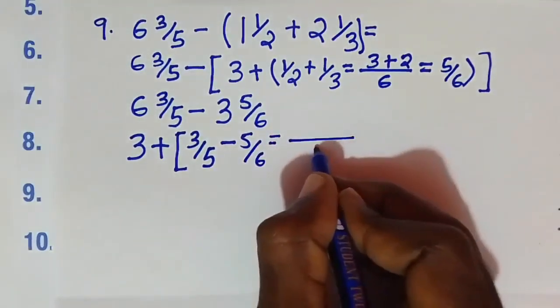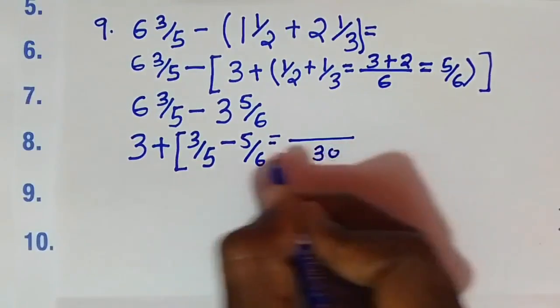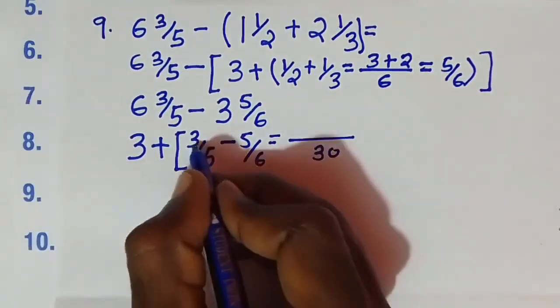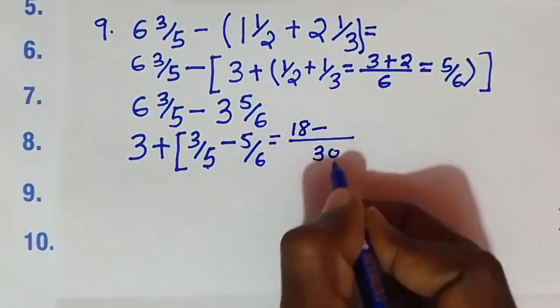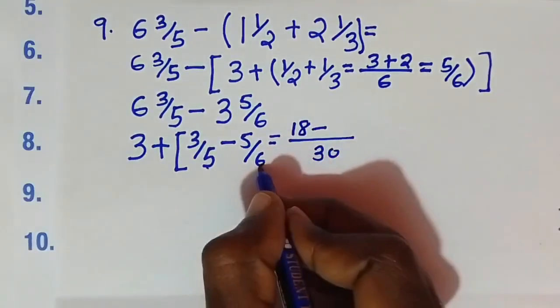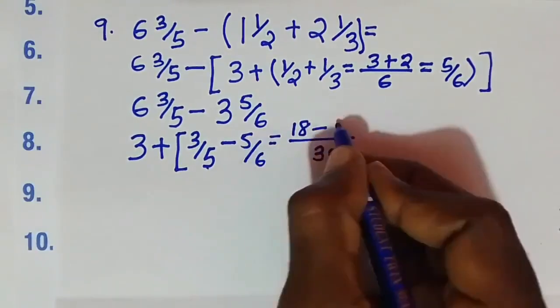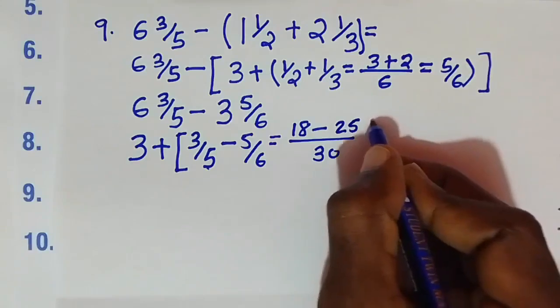The LCM is 30. 30 divided by 5, 6. 6 times 3, it is 18. Take away 30 divided by 6, it is 5. 5 times 5, we get 25.